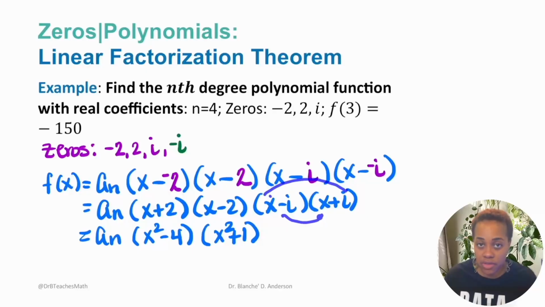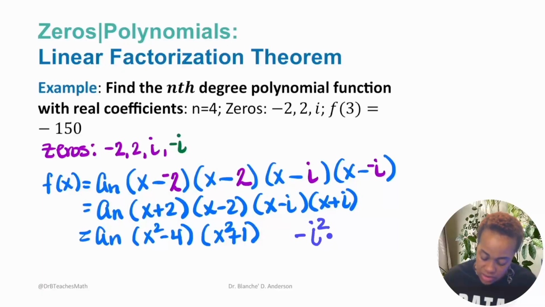When you add those together, they cancel. But then when you take negative i times i, you get negative i squared. But i squared is negative 1, and negative times negative is a positive 1. So that's why you get plus 1.